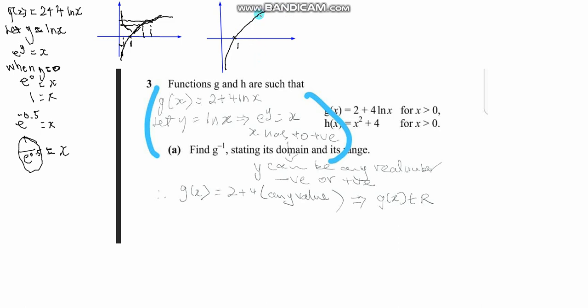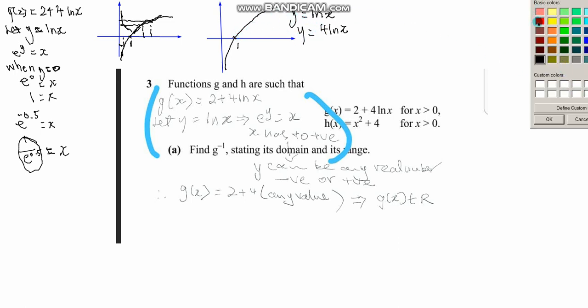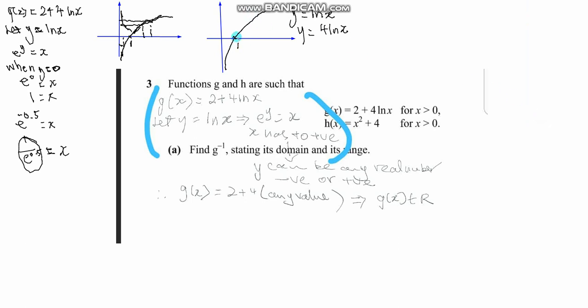So this is y equal to log x. Now if you put a 4, y equal to 4 log x, for the same value of x the y value is increased by 4. So basically it's a steeper curve here, and also a steeper curve here.